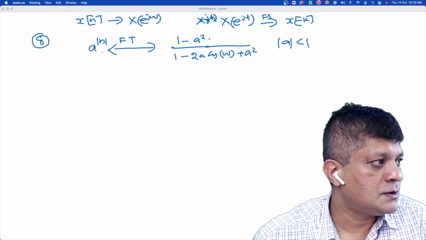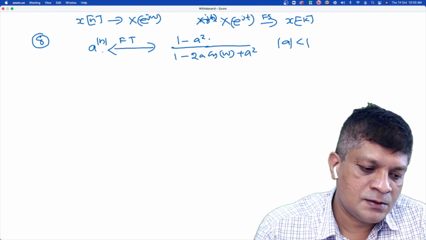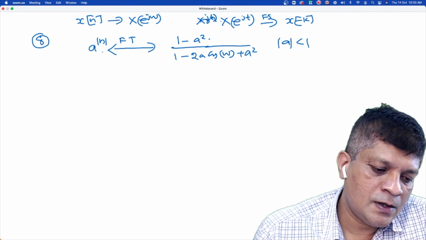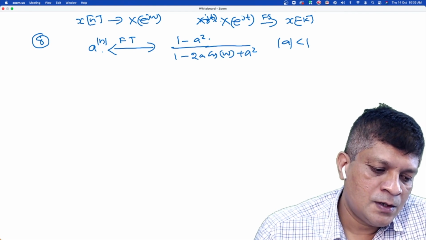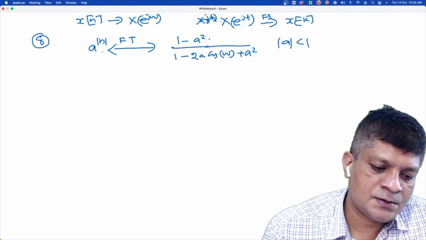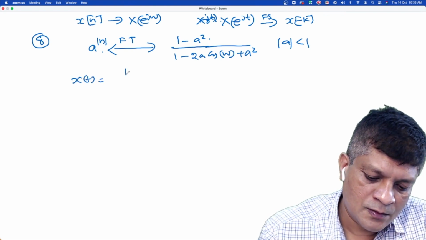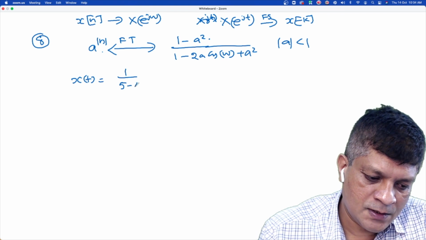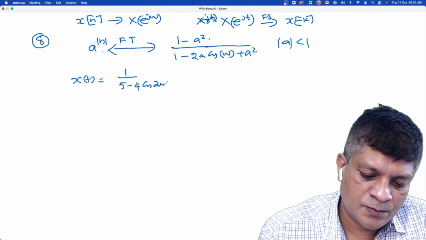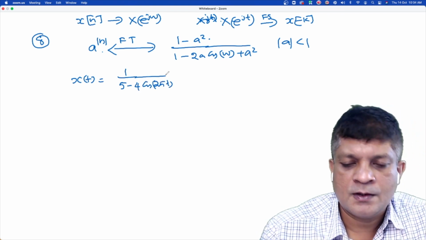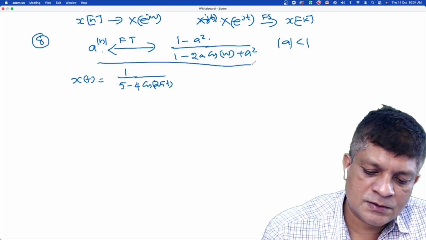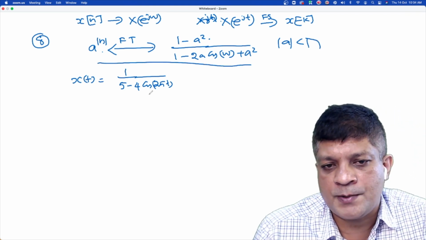So the question is, you are given the standard result and use the duality property to determine the Fourier series coefficients of this signal. x(t) is equal to 1 upon 5 minus 4 cos 2 pi t. You are given this standard Fourier transform pair.